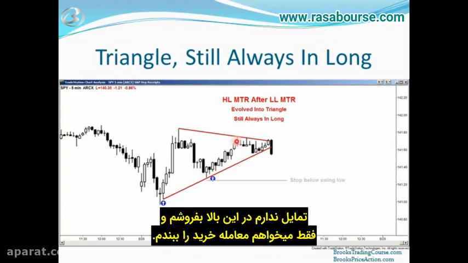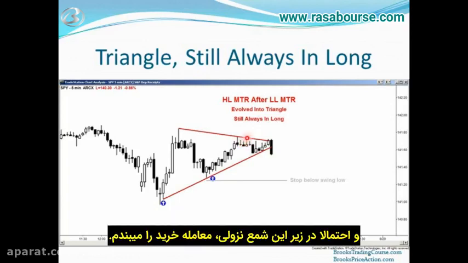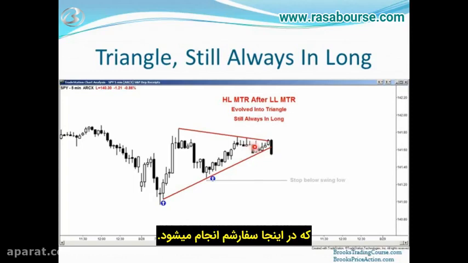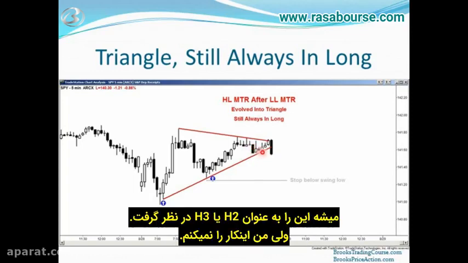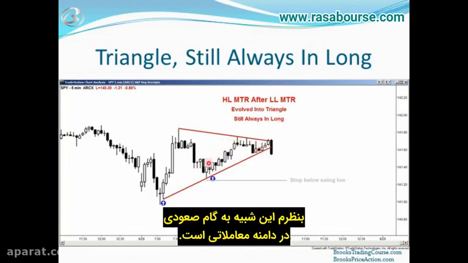I'm not willing to sell to go short, but I am willing to sell to get out of longs. We have a micro double top, a small flag that failed, and to me I would get out of longs probably below that bear bar, and I would have been filled over here. As far as buying this as a high 2 or a high 3, I would not buy it. I think this looks like a bull leg in a trading range.